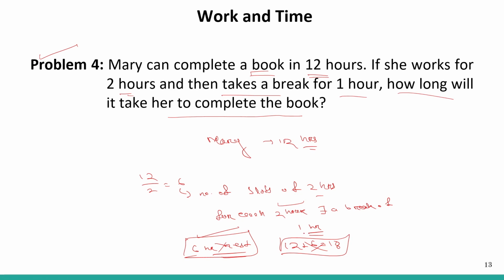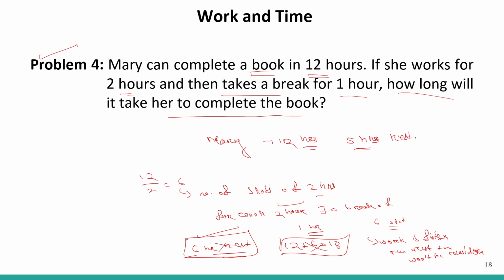What we are missing here is that after doing the 6th slot, the work is finished, so the rest time won't be considered. If 1 hour of rest time is not considered, then there are 5 hours of rest.